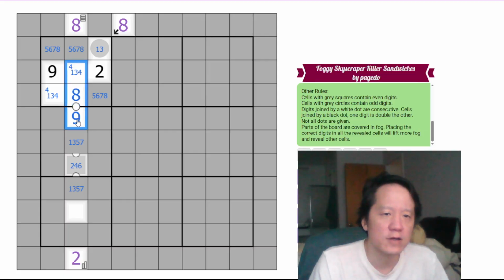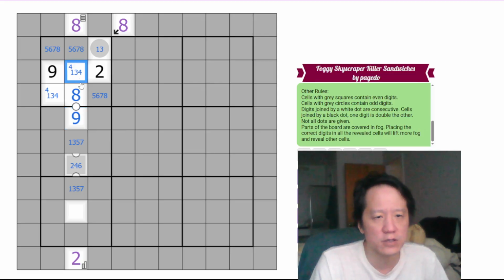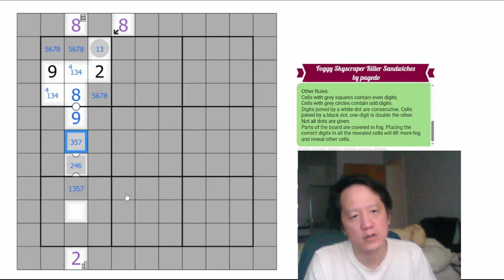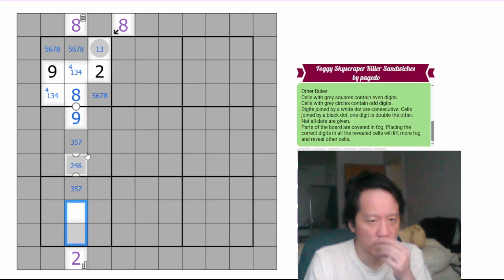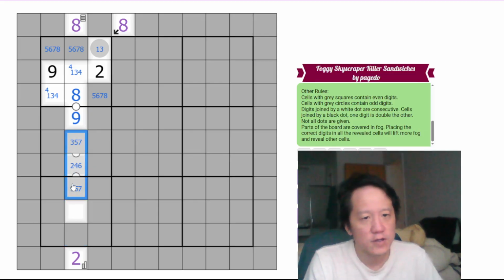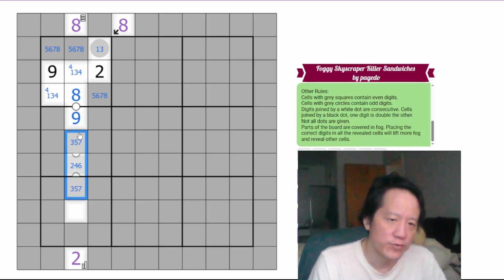We have to have digits adding up to 8 in between the 1 and the 9. It could be here. It cannot be here. It cannot be here because then this would be 2 and 3. So if it were one of these two, the problem is you'd have 2, 3, and you'd have 3, 4, 5.